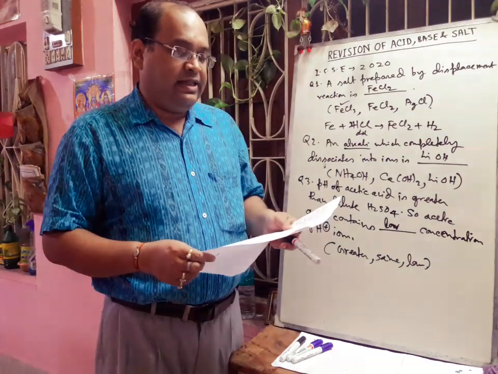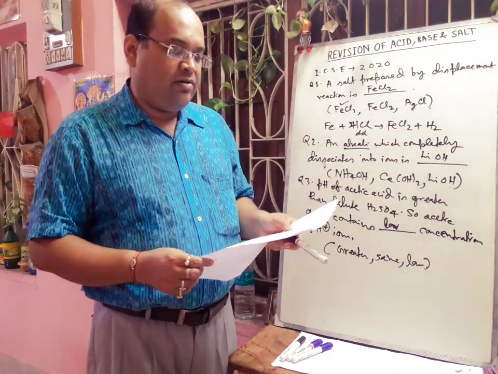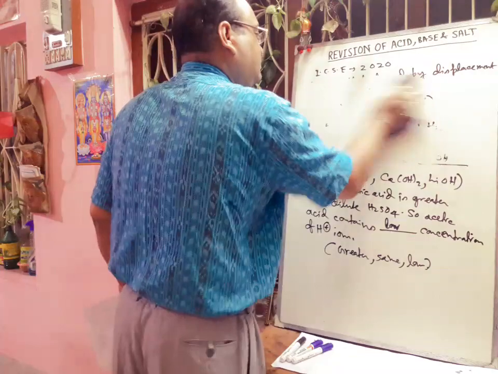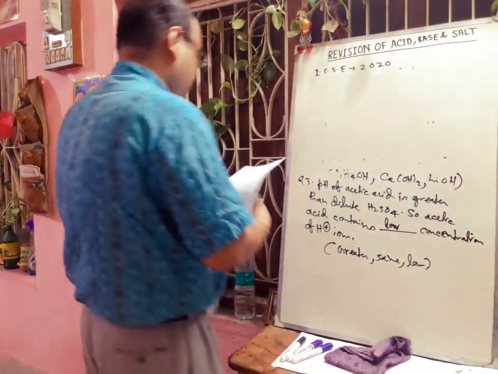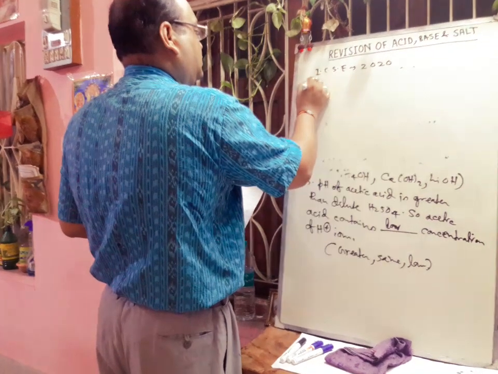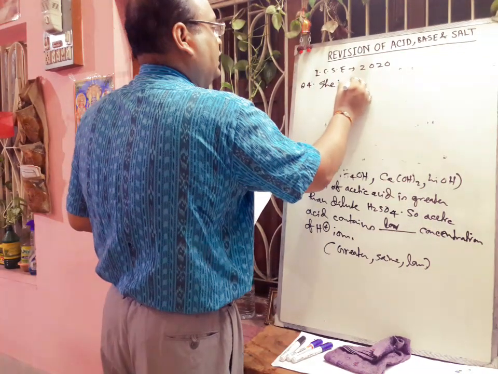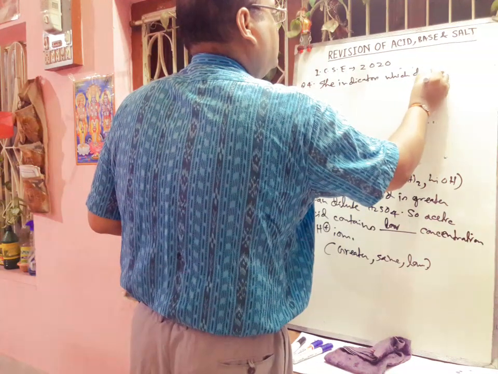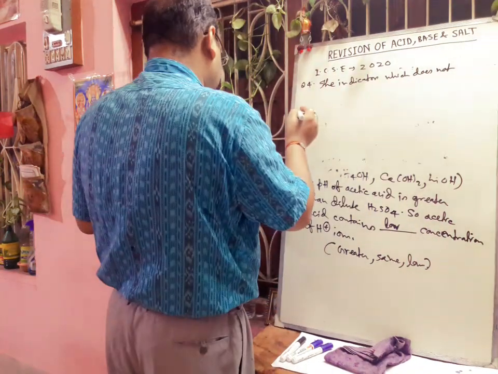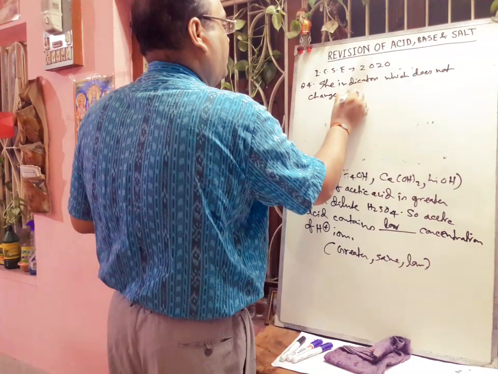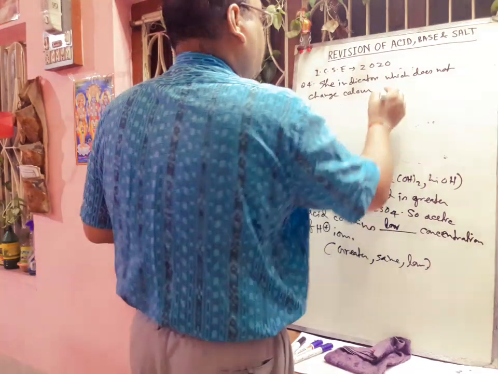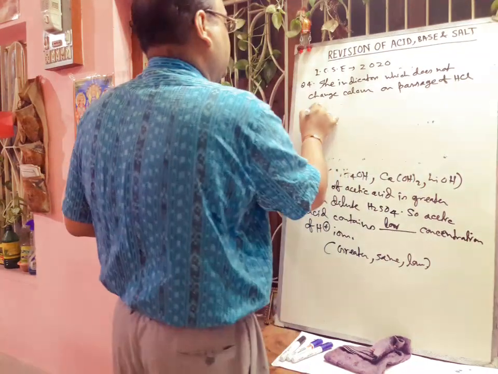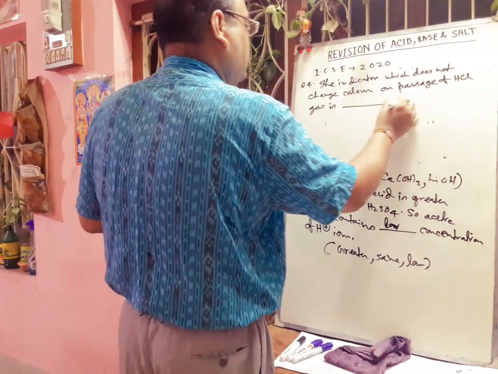Next question, question number 4. The indicator which does not change color on passage of HCl gas is dash.